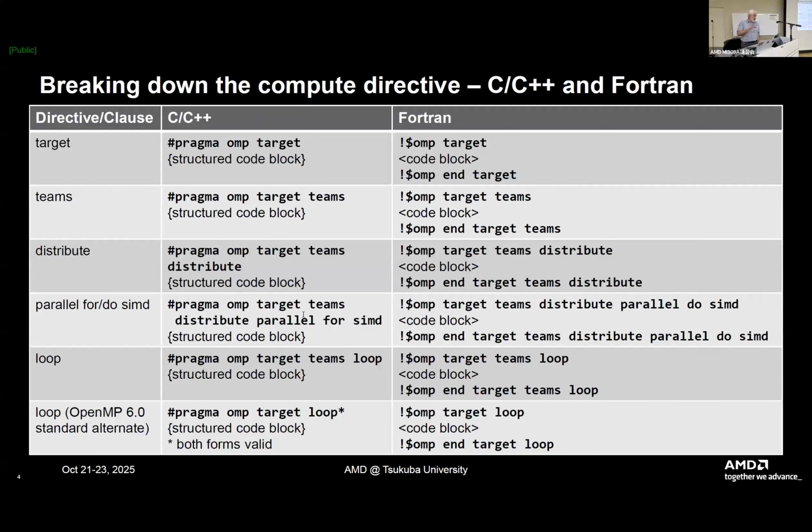So there is an order that is required in these clauses. And then the loop will replace the distribute parallel for, but then in OpenMP 6.0, they added the loop directive, which would work even if you don't have teams. So those are the compute directives.